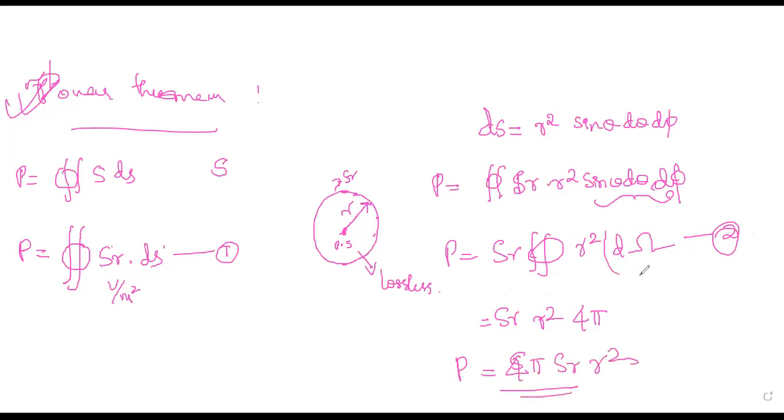This you can try later. This you have done in the beam area, so I'm not doing it again. Take this value, integrate sine theta d theta d phi over the surface of a sphere, and you'll get 4 pi. You can check the beam area derivation where we have done this. So it is 4 pi SR into r square.